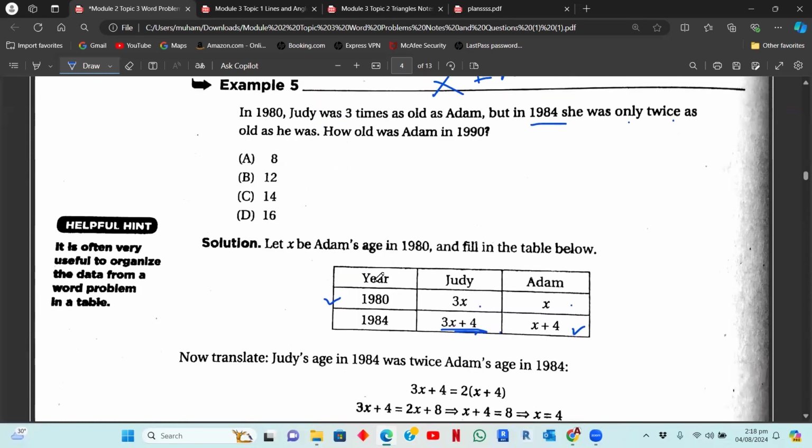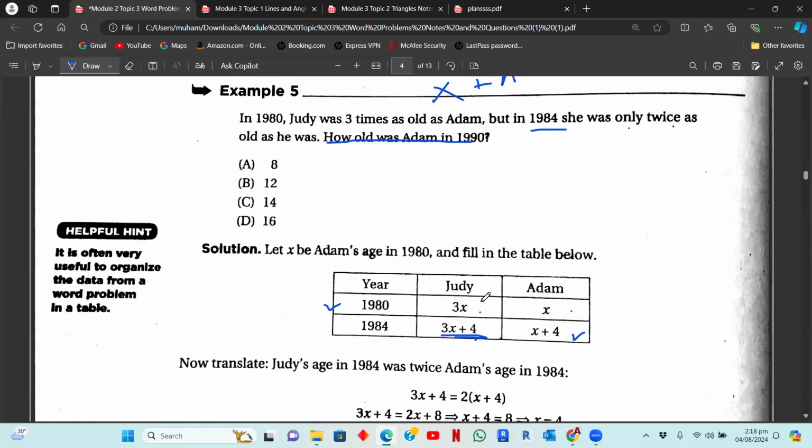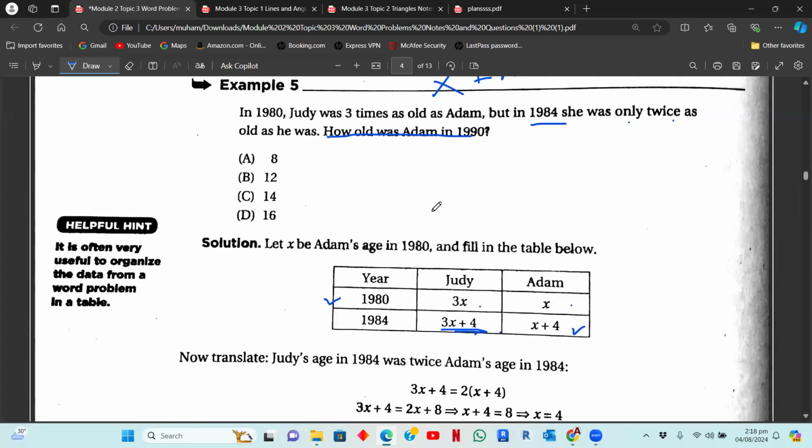Now we need to figure out certain equations that will give us how old Adam was in 1990. So we need to find out a value for x. You cannot directly jump onto their age in 1990. You will have to find a way to figure out this value of x, the age of Adam in 1980, because obviously you're going to add 10 and you'll get Adam's age in 1990. So what is it that's helping us form an equation?